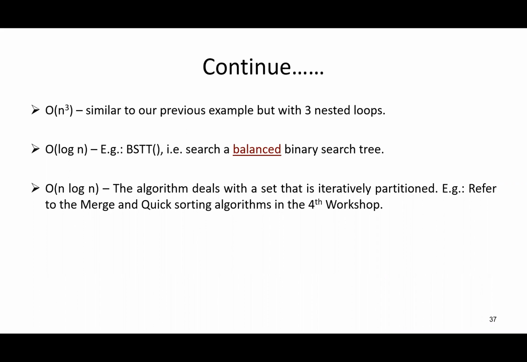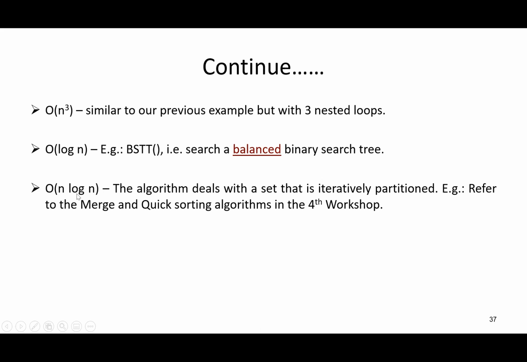Depends on what you want to search. Is it bigger than the one that you're comparing? If it's smaller, then you should go left. If it's bigger, then you should go right. So you choose one path to search only in your binary search tree. That's why every time you go either left or right, you choose one. So that's why you divide it by 2. So it's log2n for this search in a binary search tree.